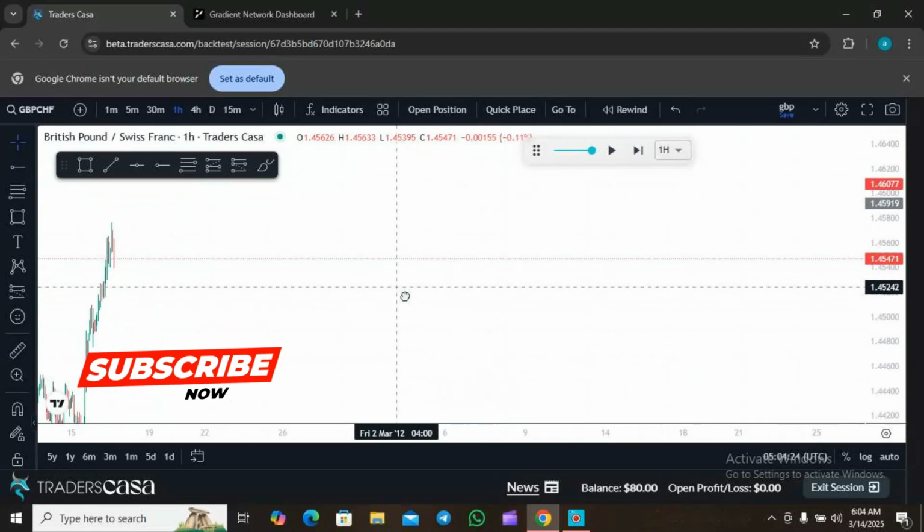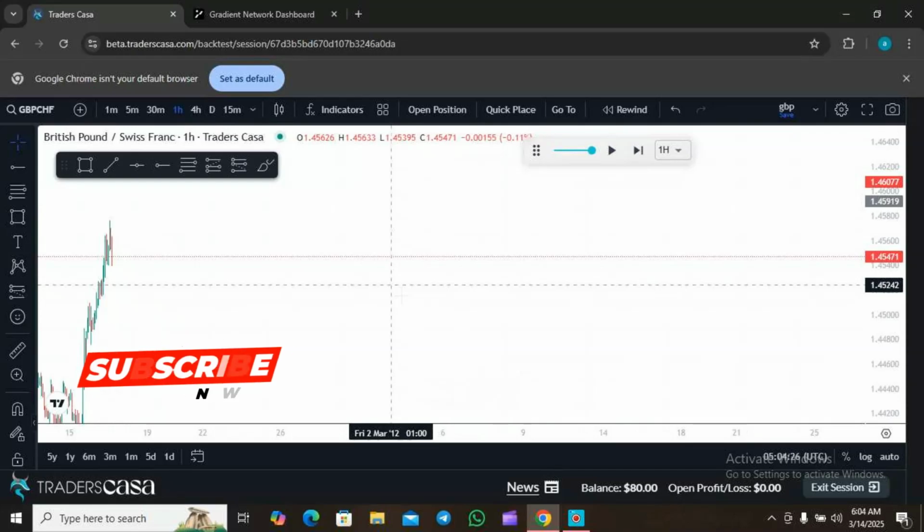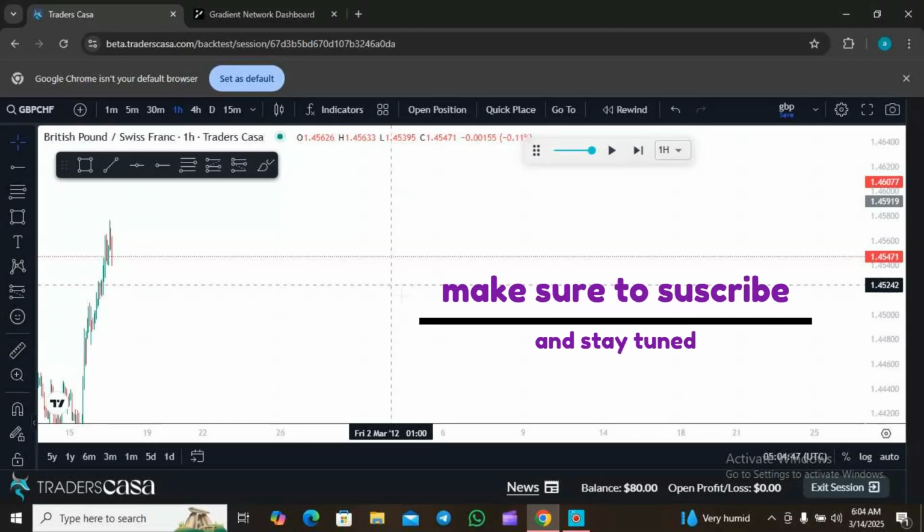So let's dive into the few details. Okay, I believe that most of you know what structural liquidity is. We have structural liquidity with a sweep of a high and a break of structure, or a sweep of a low and a break of structure.